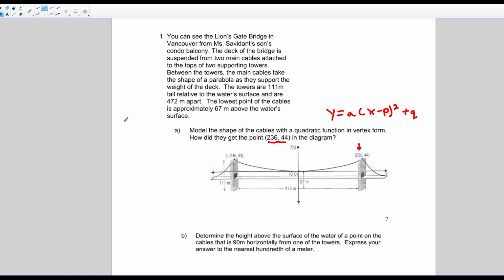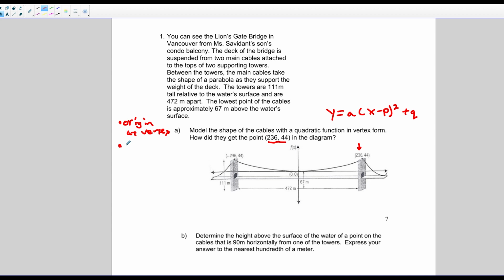The first thing we want to identify is that we can set up our origin at the vertex. What that means is you can see this x and y axis set up here with our origin right there.